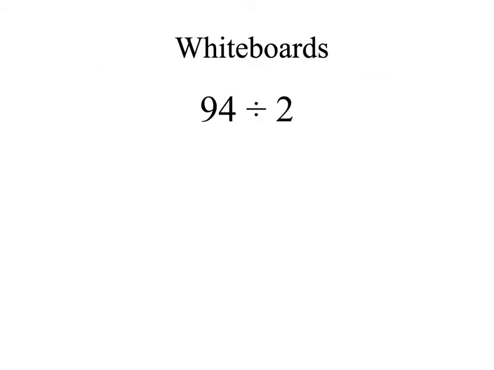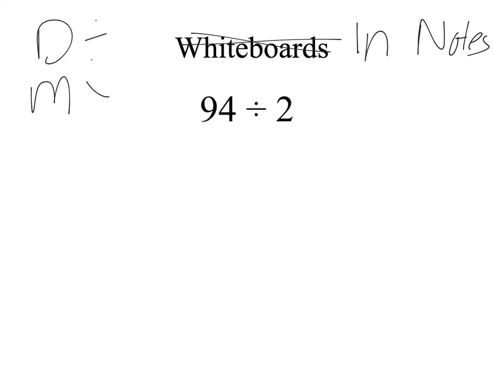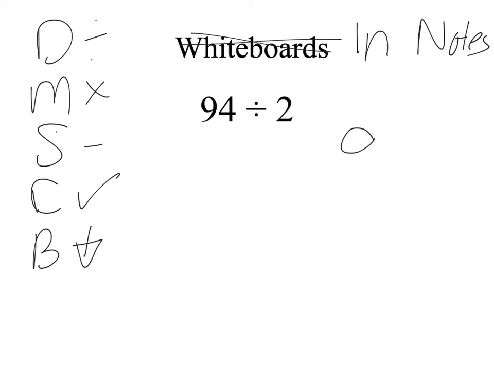So let's try the next problem in our notes. So we're actually not going to do it on our whiteboards. We're going to do it in our notes. We're going to use the standard algorithm, which is divide, multiply, subtract, check, bring down. So we're going to start with our dividend, which is 94. We're going to divide it, our divisor is 2.